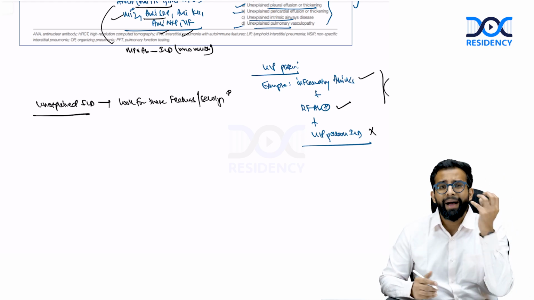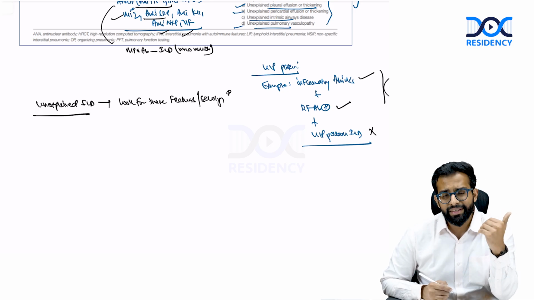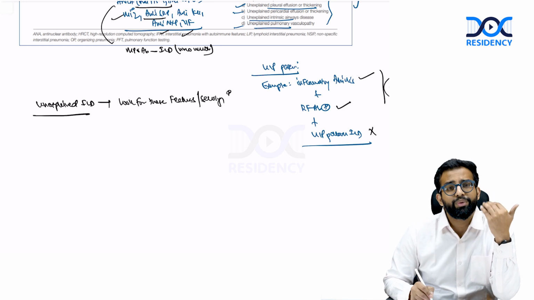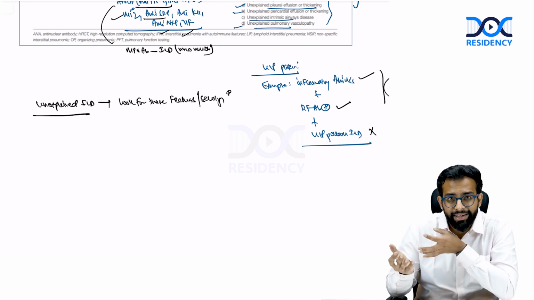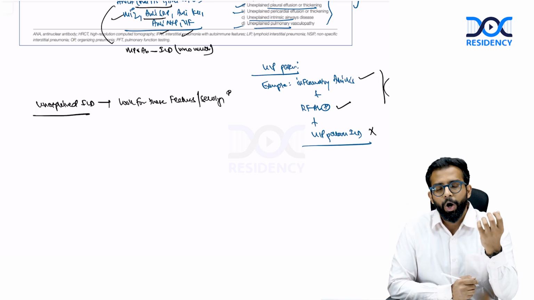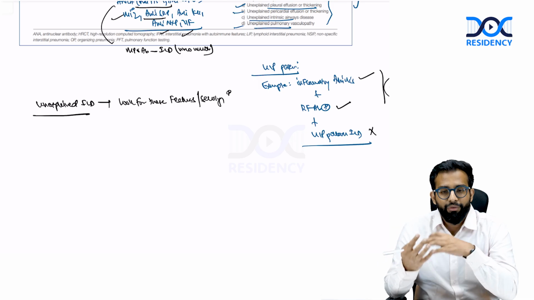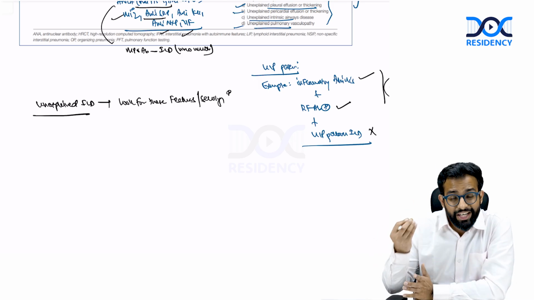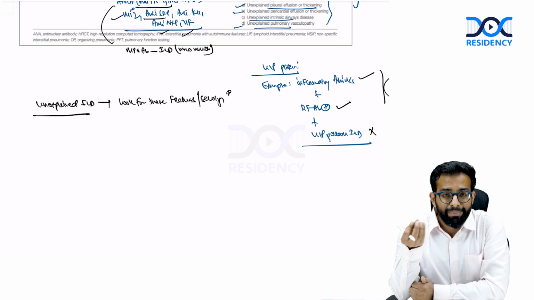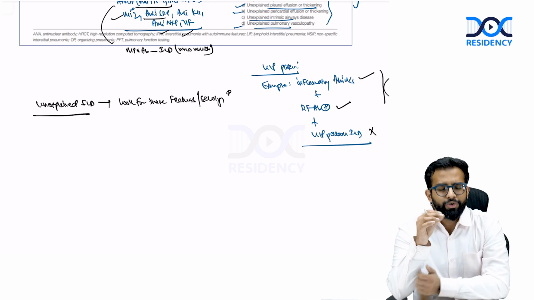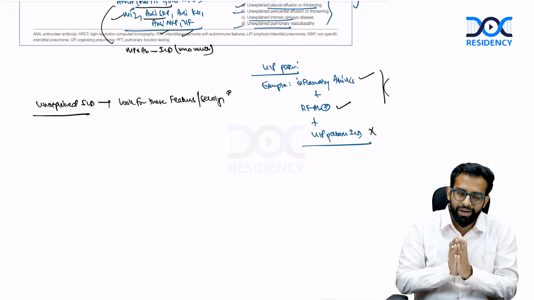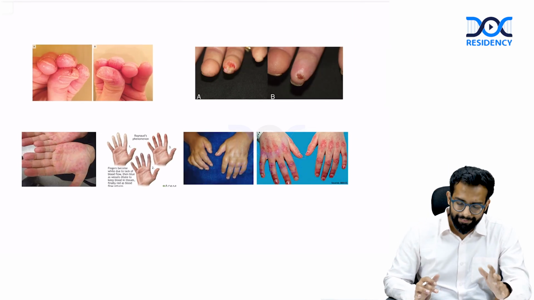Apart from recognizing the pattern on HRCT, always look for extra features that give you clues, like whether there is any pleural thickening, pleural effusion, pericardial thickening, pericardial effusion, whether the pulmonary artery is dilated suggesting PAH, or whether the patient has an airway disease, which would be shown by the presence of air trapping or centrilobular nodules, or if the patient has a dilated esophagus, that might represent the presence of systemic sclerosis-like symptoms. So always look for these other findings apart from focusing on the main finding of interstitial lung disease on an HRCT. These are a few images of the clinical findings that can be seen.